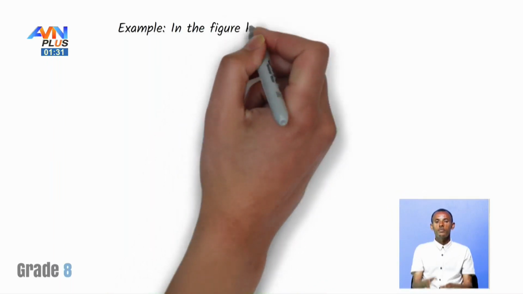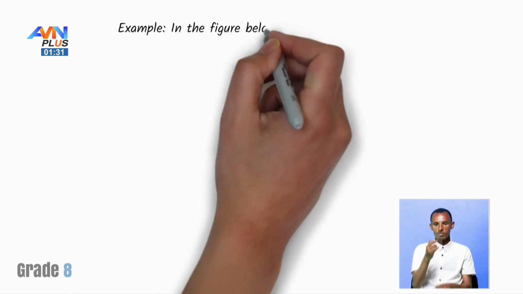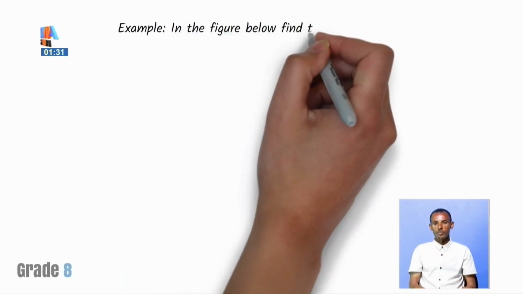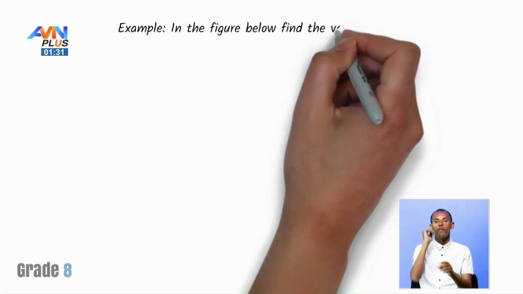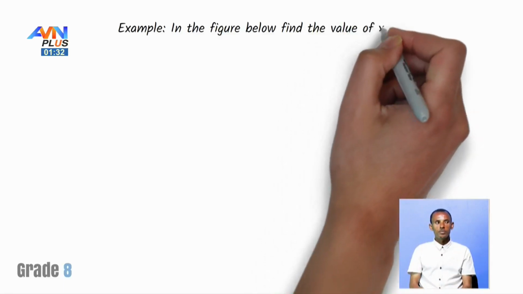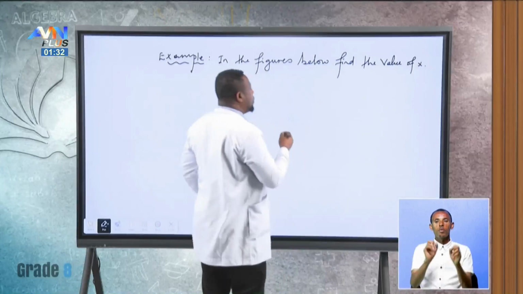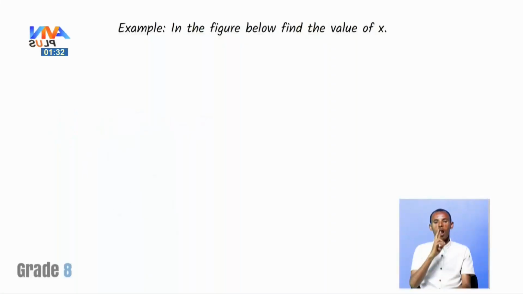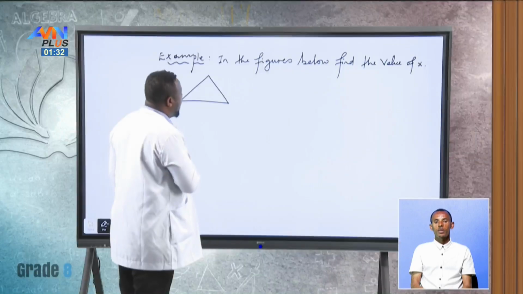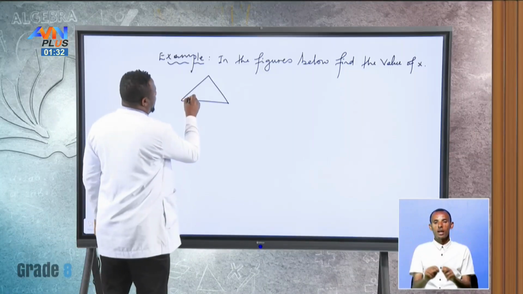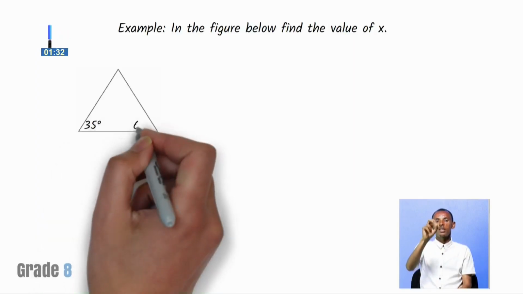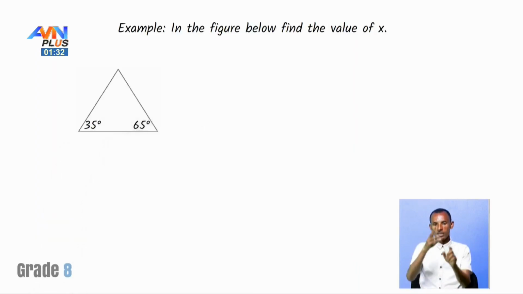In the figures below, find the value of x. One of the figures is a triangle with this one 35, this one 65, and this one 2x.